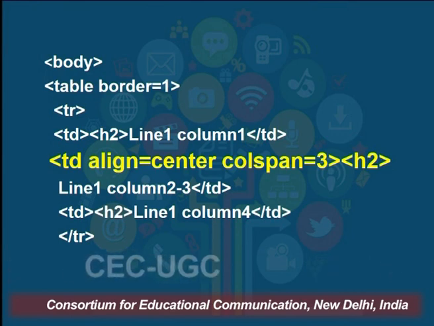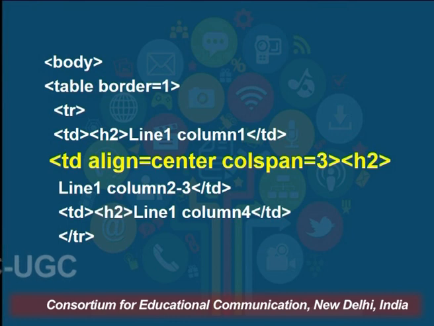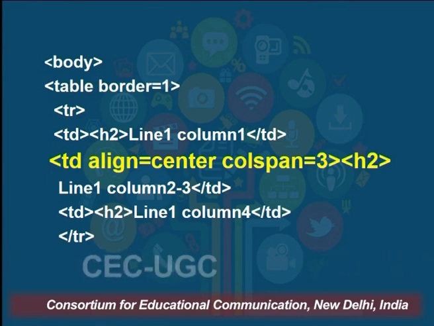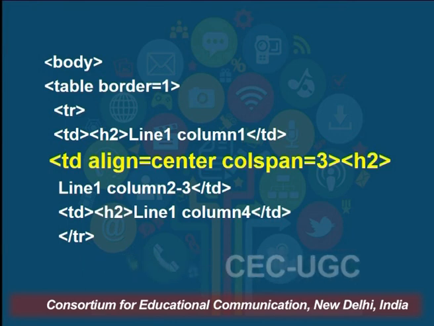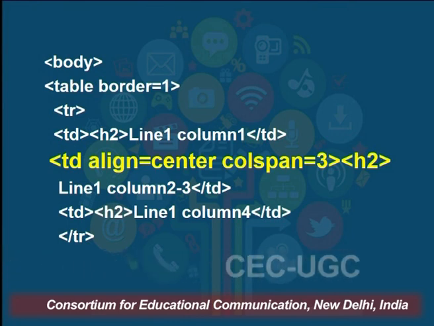As you know, the align attribute can be used with any of the tags. So, here we are using TD align, which means that the data in a particular cell will be aligned to the center. But what is crucial to notice here is that we are writing TD colspan equal to 3. This means that we are merging 3 columns into 1.